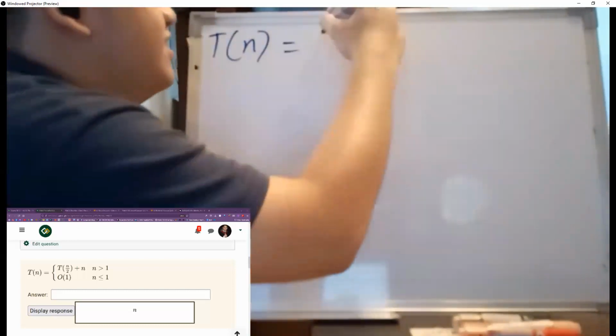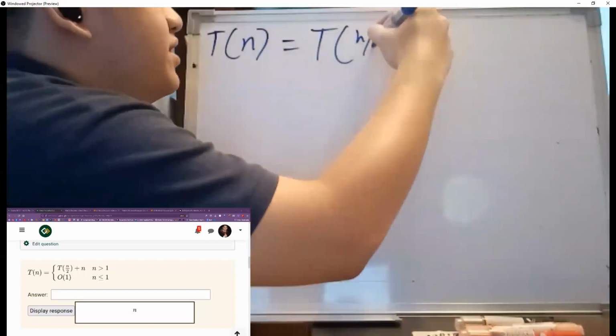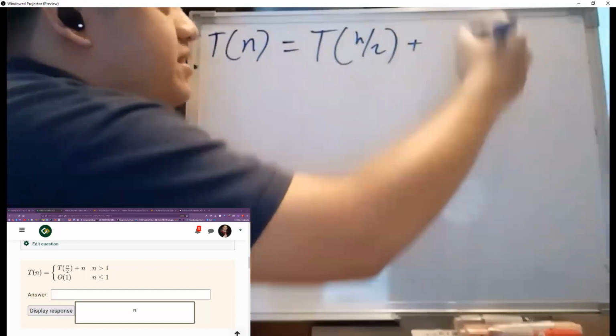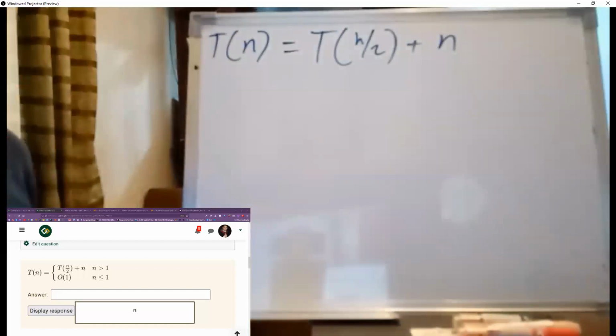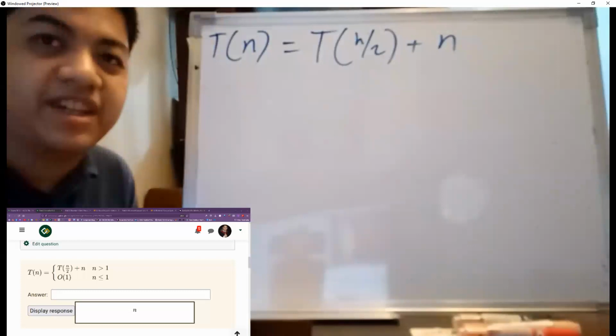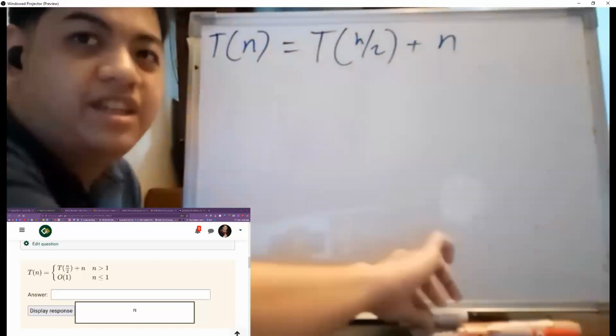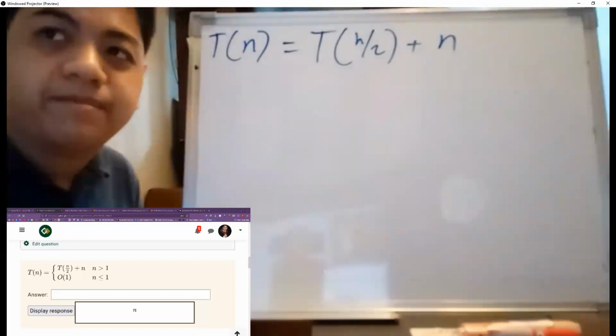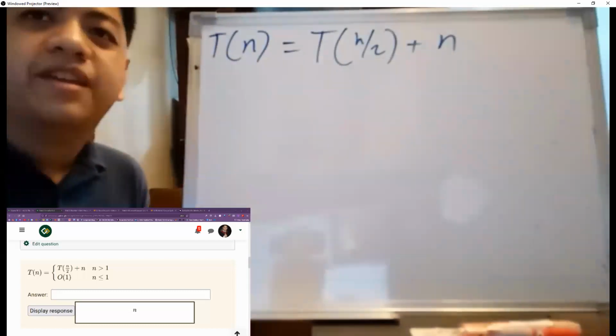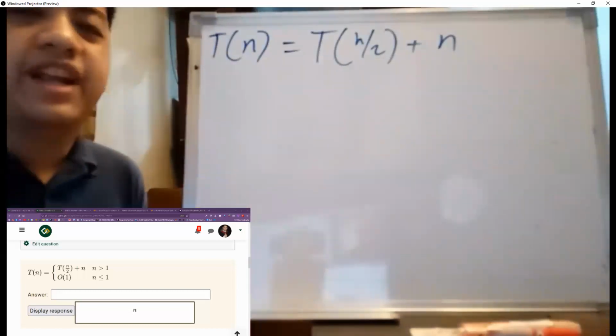Okay. So, may mga nagda-like naman. Okay. So, T of N is equal to T of N over 2 plus N. So, if you want to use the substitution method, ang first step is mag-expand para makuha natin yung pattern natin.